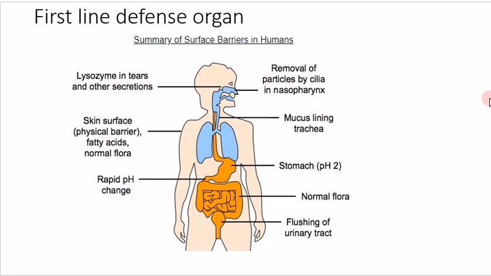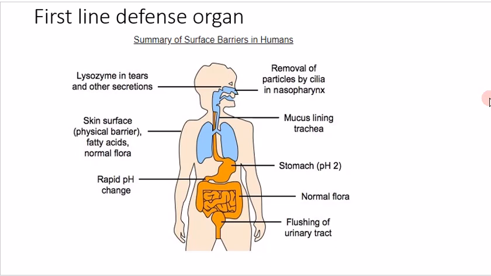Eyes, your eyeballs, and ears are some of the organs very much exposed to the outside world, which means we always expect that there will be some microbes that come in contact with these organs, and how our body manages to control the entry of such germs.